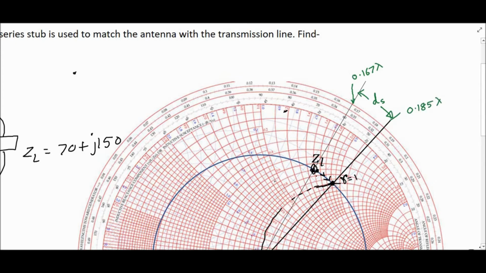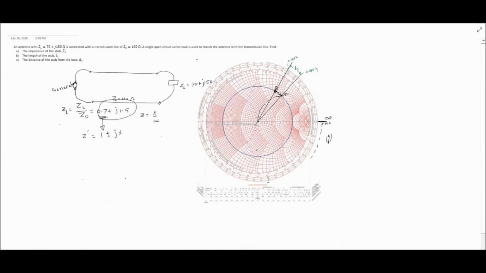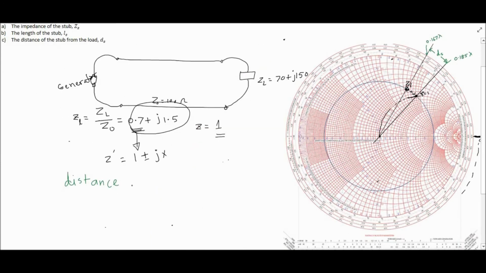So to find the distance between these two points, I get the distance of the stub from the load. That is ds. So ds will be 0.185 minus 0.167 lambda, 0.018 lambda. This is the distance of the stub from the load.